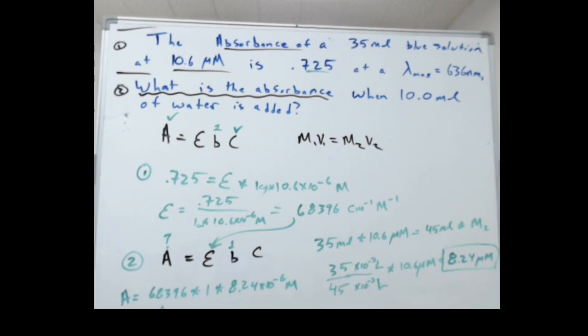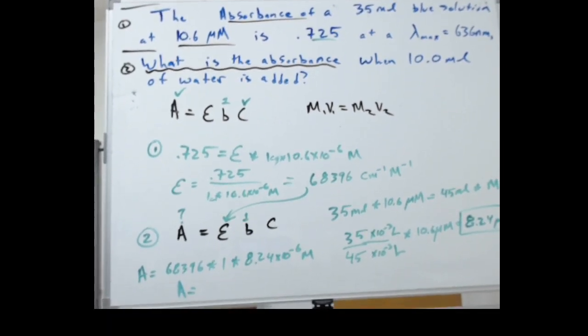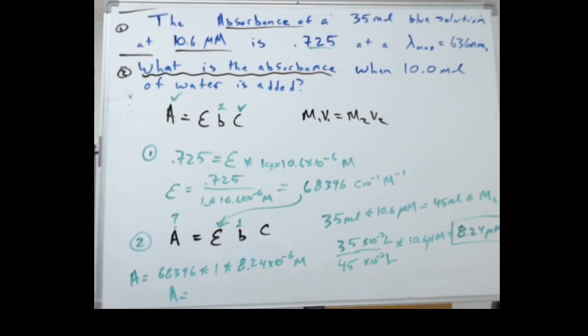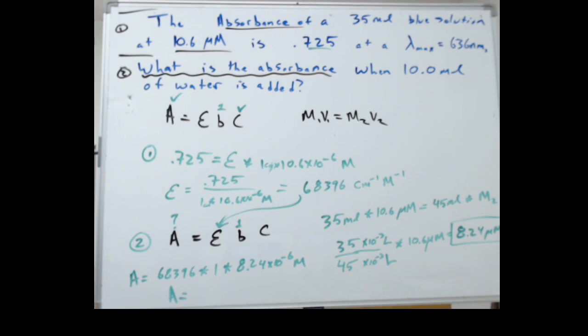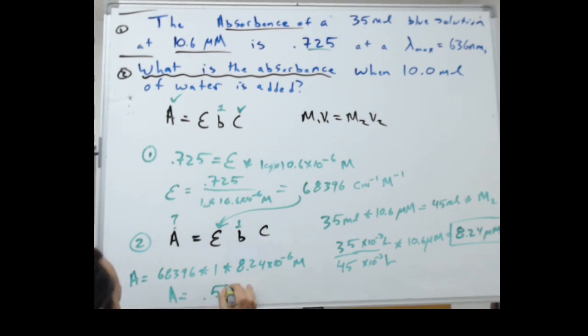That is going to give us absorbance, 8.24 times 10 to the minus 6, being careful with parentheses, times 68396 times 1. Oh, that wasn't that far off. 0.563 for the absorbance. Again, no units on the absorbance.